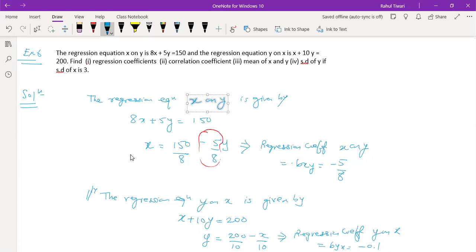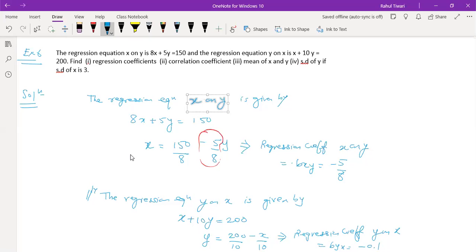You always assume that this equation is x on y and this equation is y on x, and obtain the correlation. If the correlation lies between minus 1 and 1, that means you are right. But if it does not lie there, that means we have to change the equations. Are you getting my point? Go to chat box and write down whether you can understand me or not.